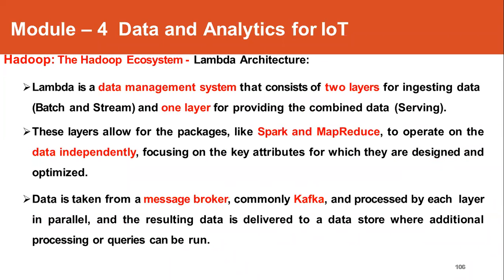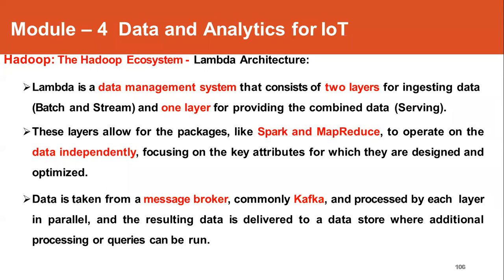Lambda is a data management system that contains two layers for ingesting data and a layer for combined data. So here the two layers take the batch as well as the stream of data, and another layer provides the combined data for serving. These two layers allow the packages of Hadoop such as Spark and MapReduce to operate independently, and the result is combined together in another layer.